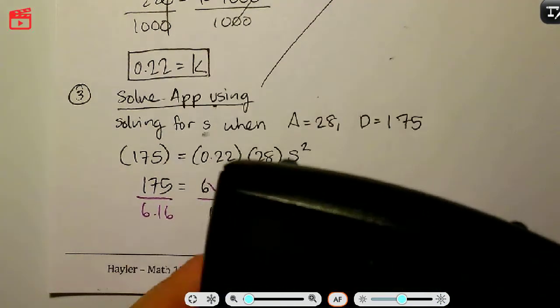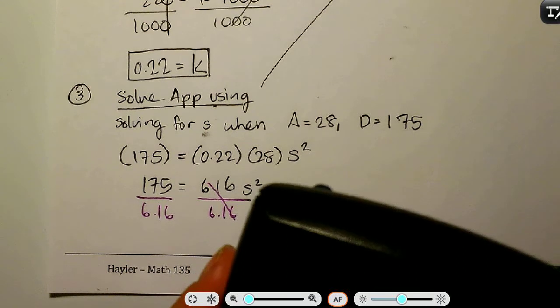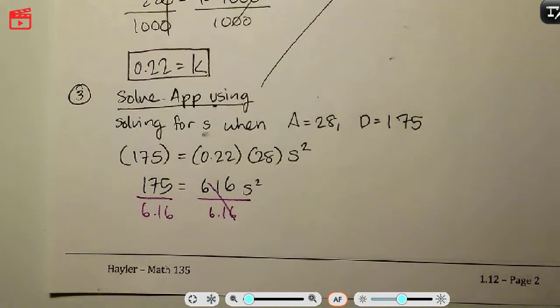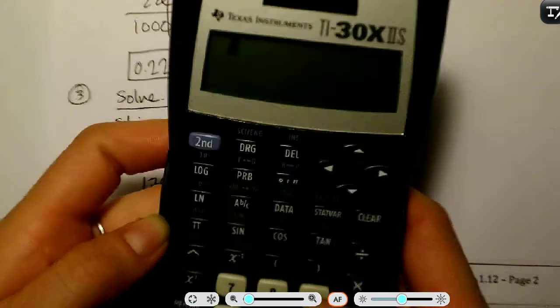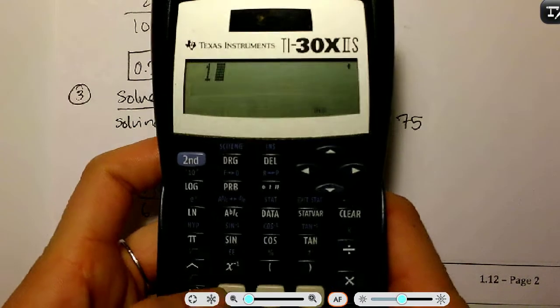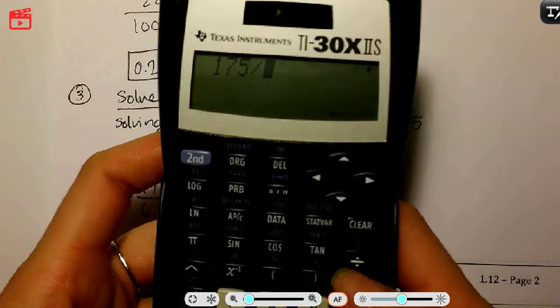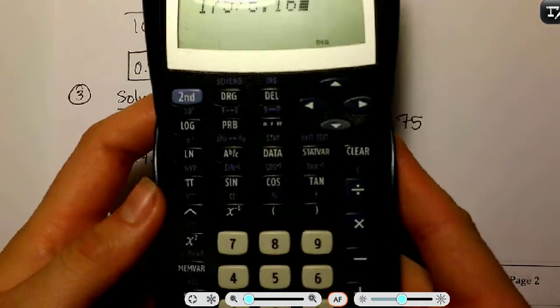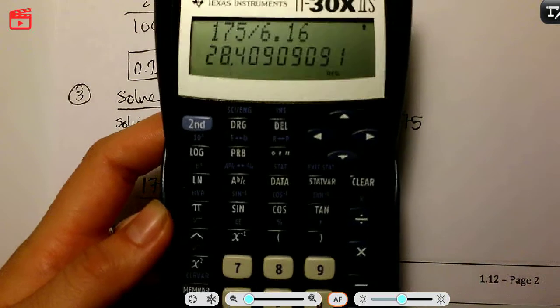Oh wait, I think that was it. Yeah, there we go. Okay. Oh no, that was wrong. Let's try this. Third time's the charm. 175 divided by 6.16. There you go, 28.40.